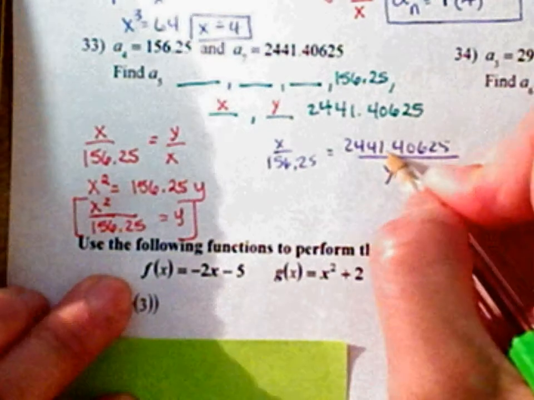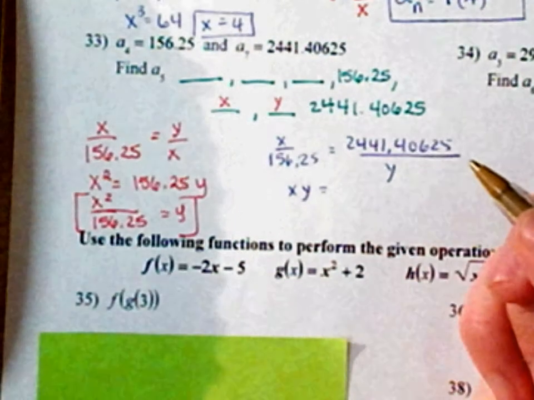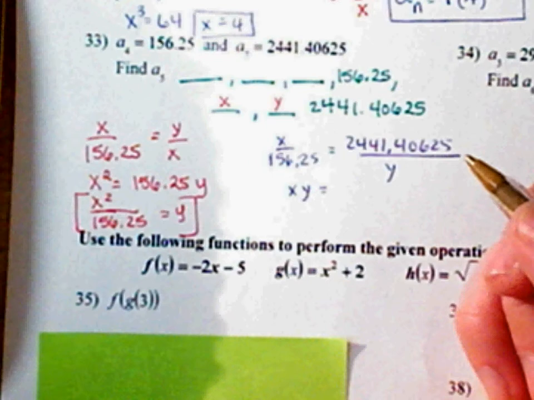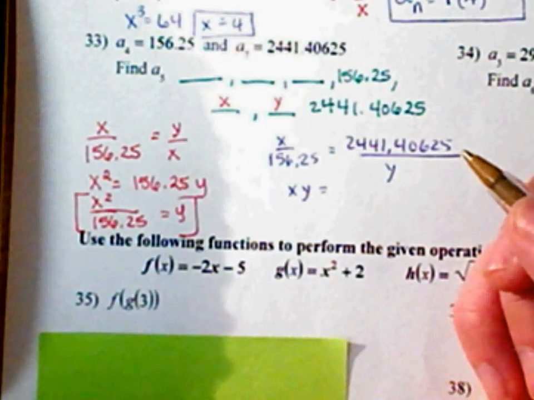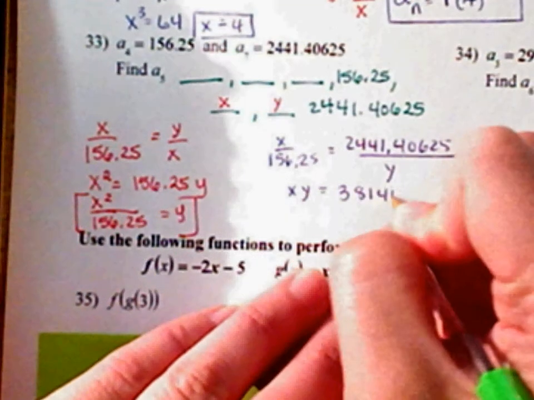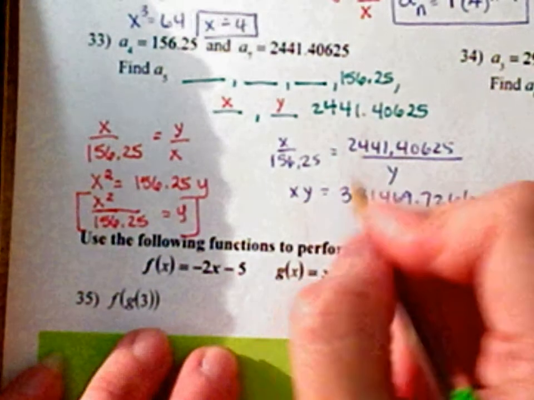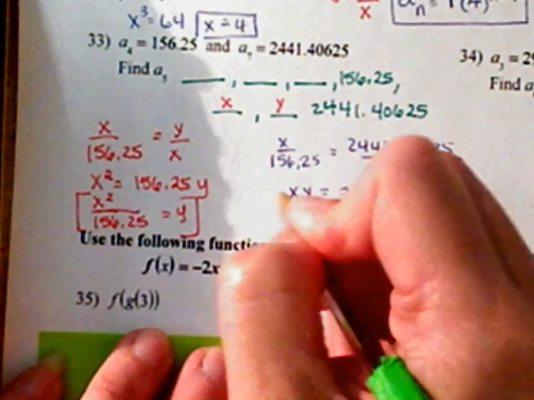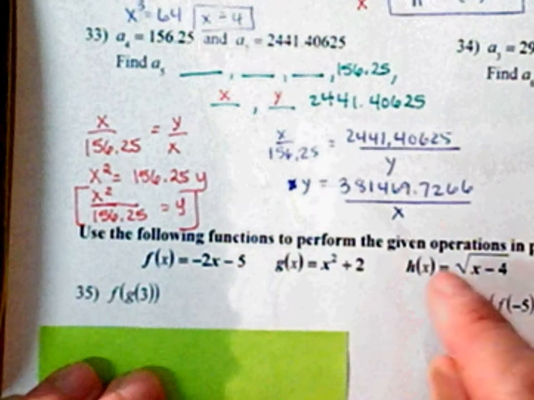Cross multiply. XY equals 2441.40625 times 156.25. And that comes out to be 381,469.7266. Solve for Y, so I'm going to divide it by X. Okay? I'm running out of room, so I'm not even going to write this. Notice the Y is the same, so these guys are the same.